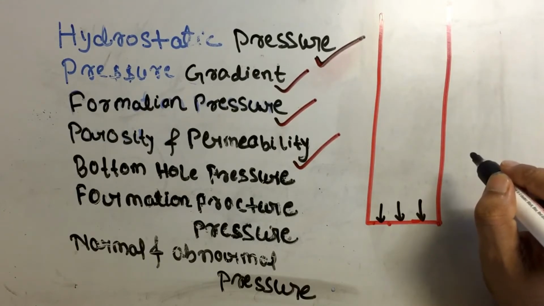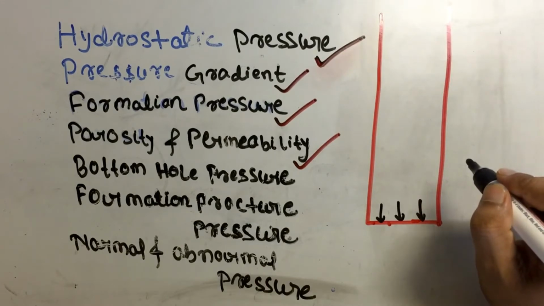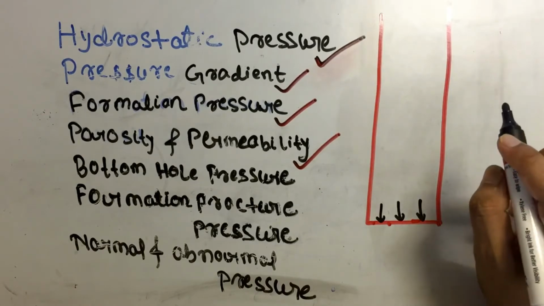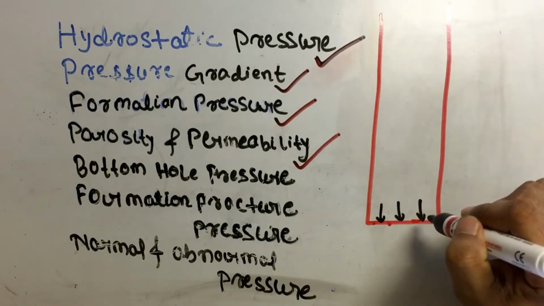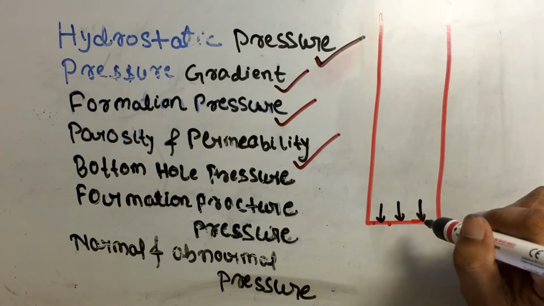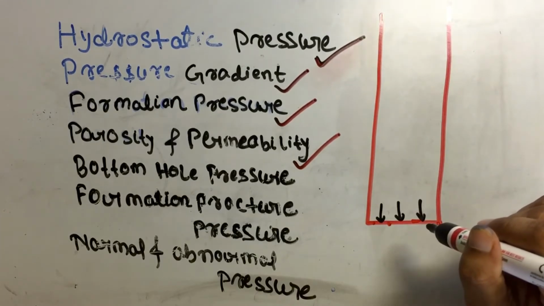Static means hydrostatic pressure, and surface pressure means the pressure shown on surface gauges like SICP and SIDP when the well has a kick. There will be some surface pressure on the standpipe pressure gauge, SICP gauge and SIDP gauge that will also affect the bottom. And dynamic pressure means the pressure exerted due to fluid movement, which is known as annular pressure loss.